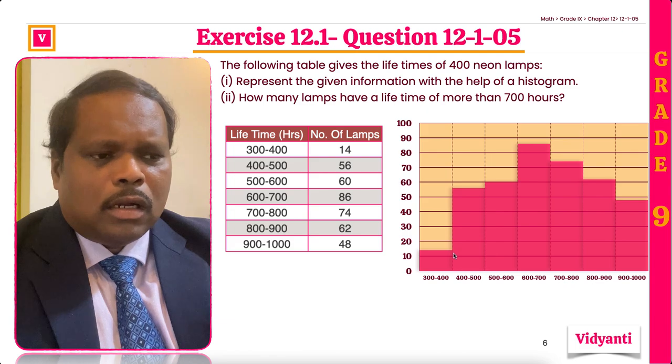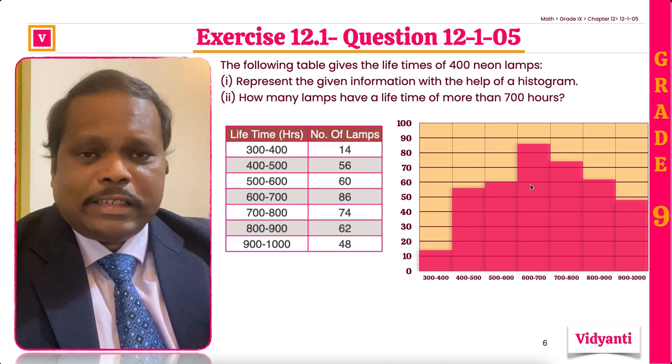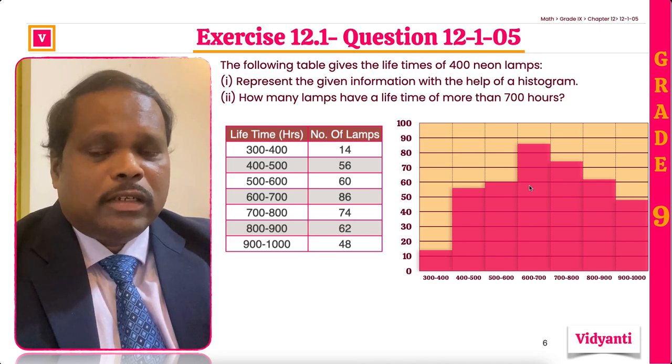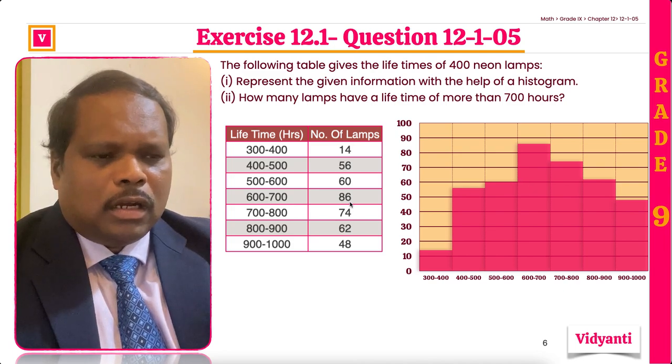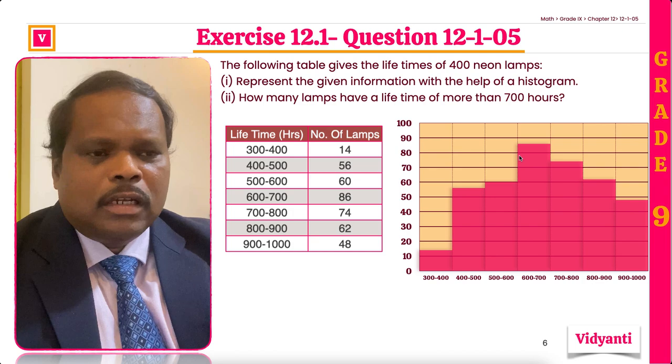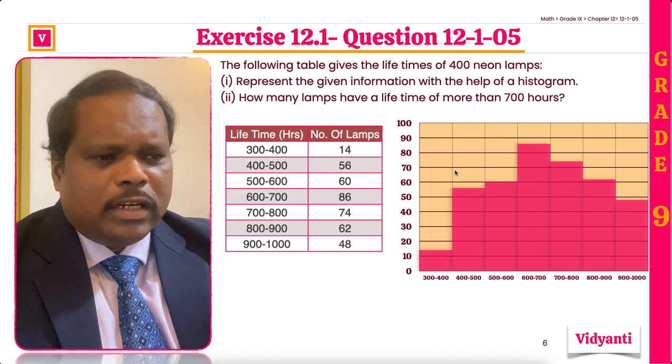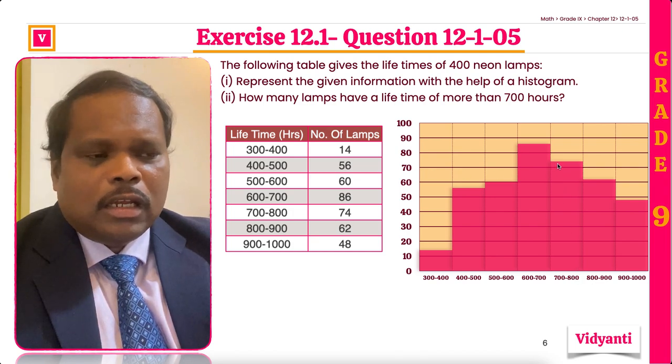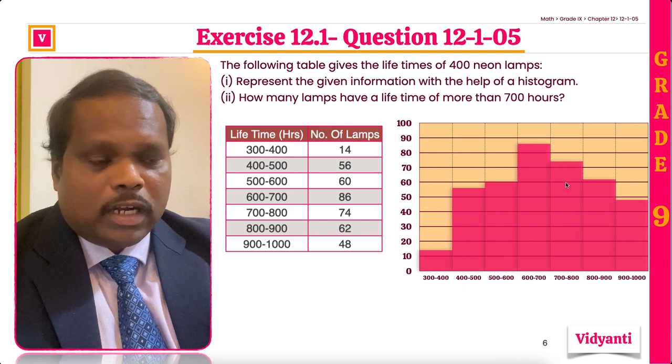So make a rectangle. The next one is 60. Well, that's an easy one. You have to go all the way 6 centimeters, so 6 major divisions. 86 is 8 full centimeters and then 6 minor lines. Then 74 is 7 divisions representing 70 and then 4 minor lines, so 74.